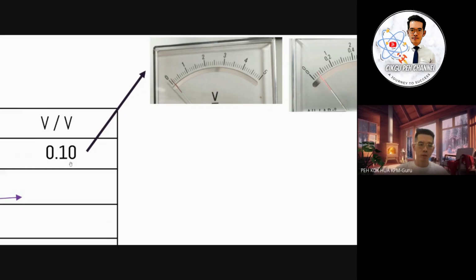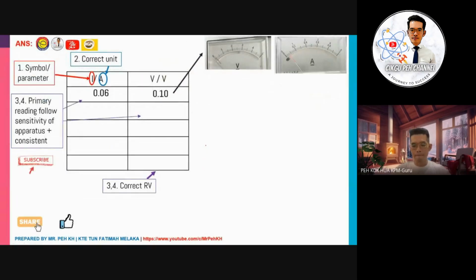So I choose 2 decimal places. Why? Later on I will show you why. You can see I choose 2 decimal places as the voltage change is very small. When I went through the experiment, I realized that the voltmeter reading increases very slowly at the beginning.